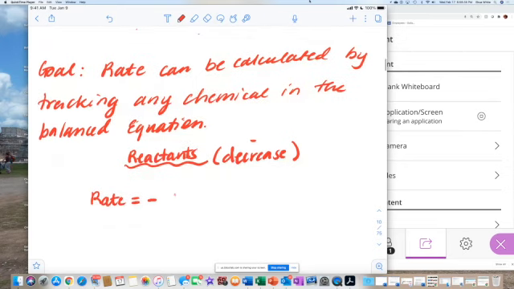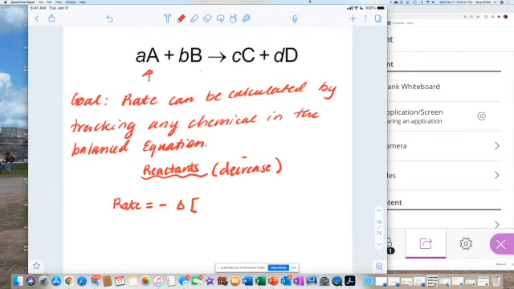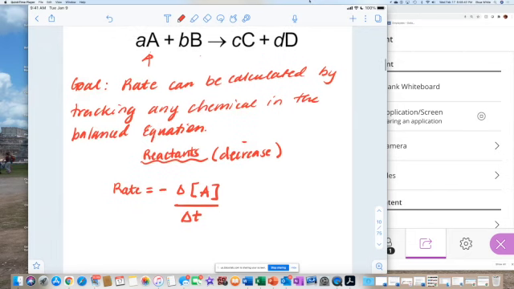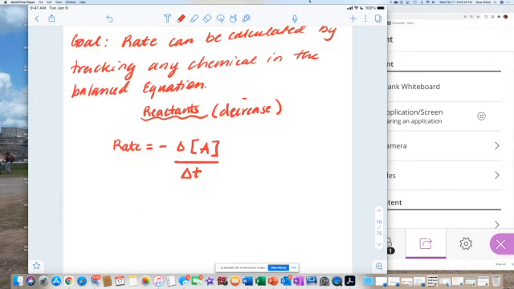And then you have a change in the concentration of the reactant. So I'm going to start with reactant A. Change in A over change in time. Okay? I can get the rate this way, or I can get the rate using the other one. Negative. I'll come back to the coefficient.